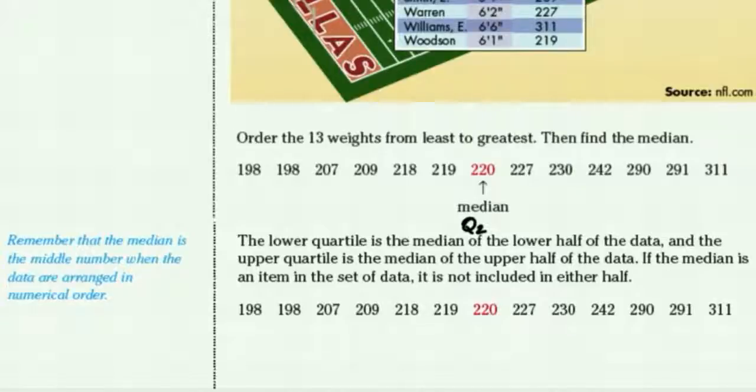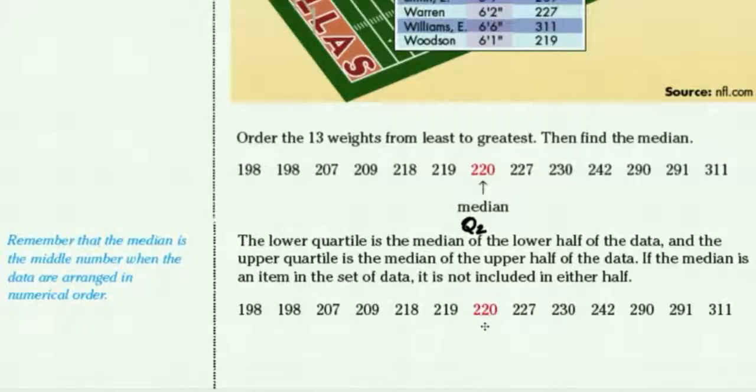In order to find Q1, we get the lower half, which is 1, 2, 3, 4, 5, 6. And if you notice, it says here, if the median is an item in the set of data, it is not included in either half. That means if 220 is one of the data that we have, then we will not include 220 in the lower half.